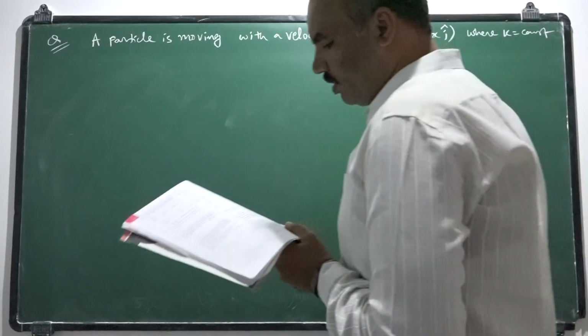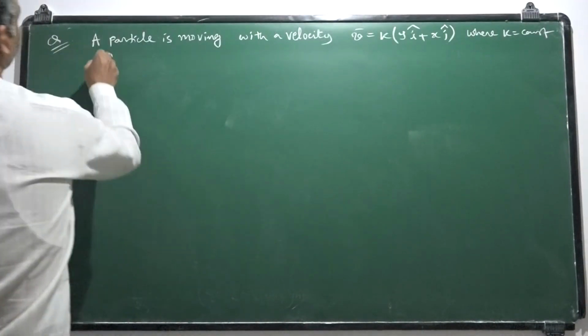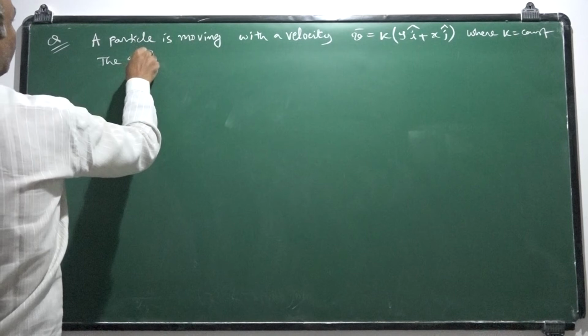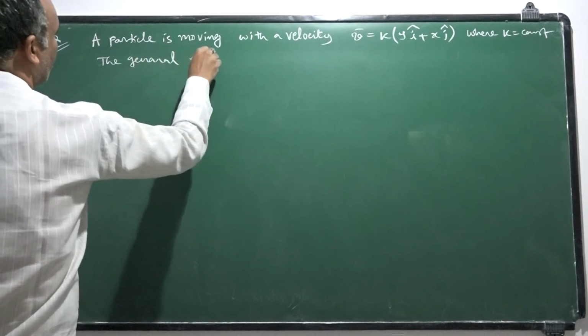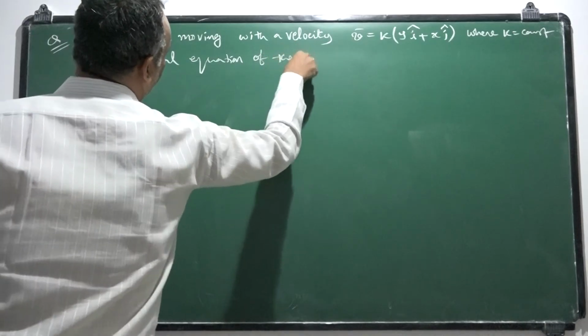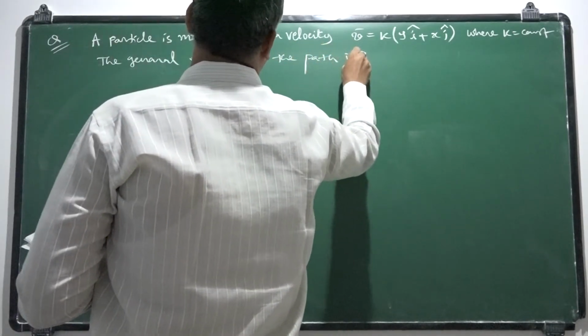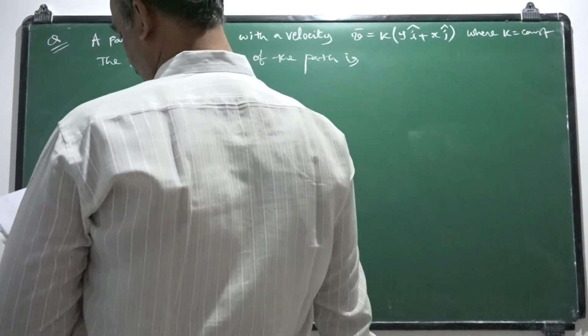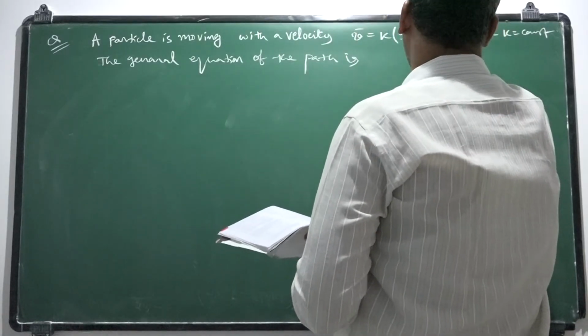The general equation of the path is, four options they gave.